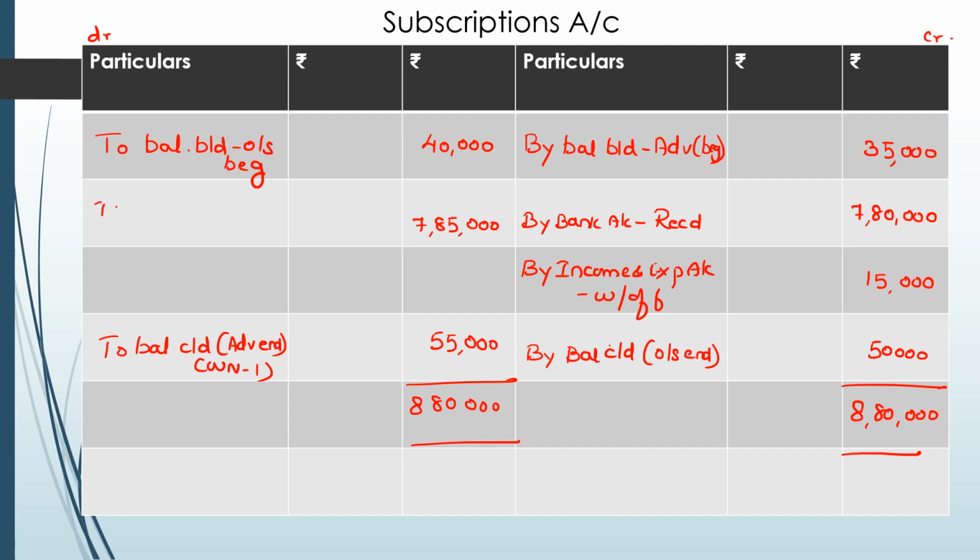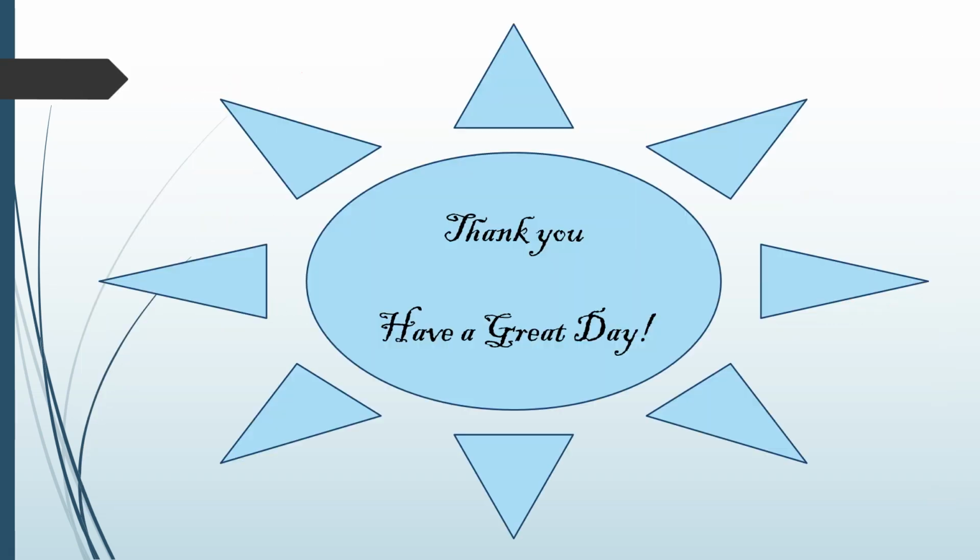So this would be the amount which would be credited as subscription income of the year. So you write it to income and expenditure account as the balancing figure, 7,85,000. So I hope that is clear how we did it. So this is how we found out the subscription income of the year for this question.